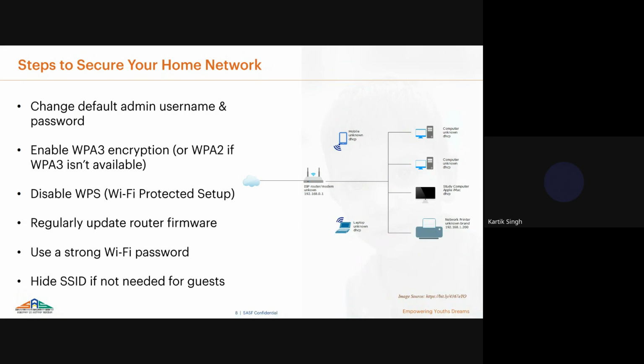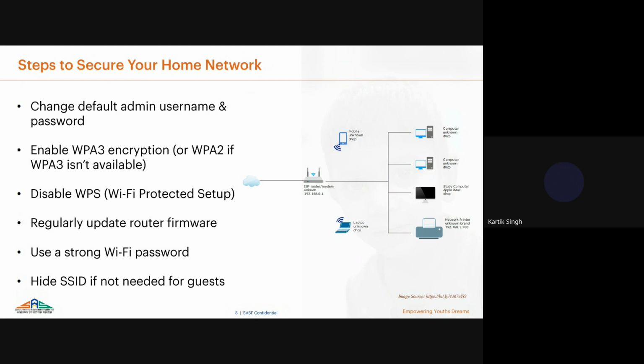As we have discussed, WPS is the most easily crackable method to connect to a Wi-Fi network. So we must disable it. Regularly update router firmware. Use a strong Wi-Fi password. Hide SSID if not needed for guests. So these are the steps we can take to secure our home network.